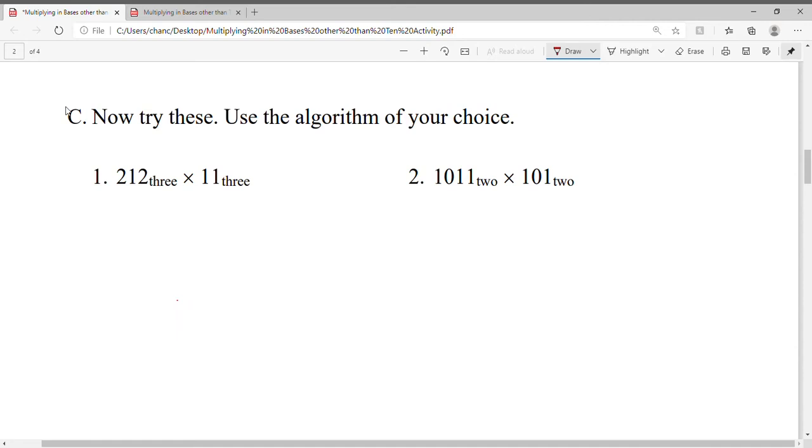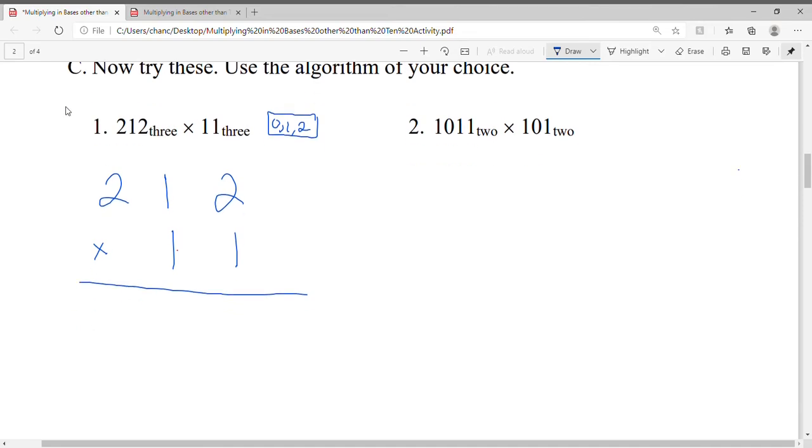For question number 1, I want to use the standard algorithm here, but remember the lattice algorithm is going to still give us the same answer regardless. We'll write this out, 2, 1, 2, and 1, 1 here. Now remember this is base 3, so I can only have a 0, 1, or 2, that's it. There's only 3 symbols in base 3.